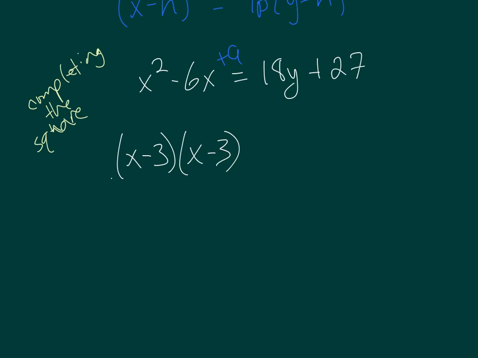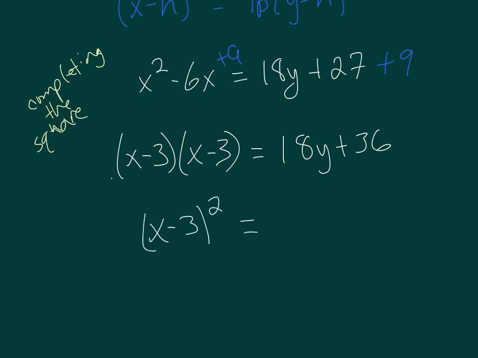But if I add 9 to the left, I also need to add 9 to the right in order to balance out my equation. Okay, combine like terms, so I've got 18y plus 36 now, and now I've got x minus 3 squared equals, can factor out an 18 there, and you'd get 18y plus 2.